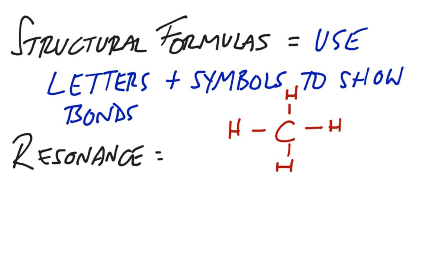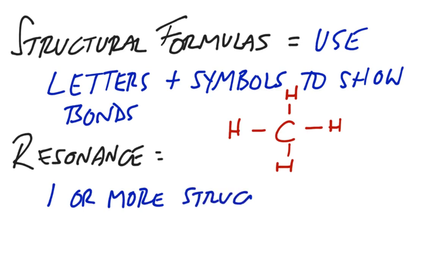Resonance occurs when more than one Lewis structure is valid for any particular substance. So, more than one structure possible. And we'll show an example of this in just a moment.